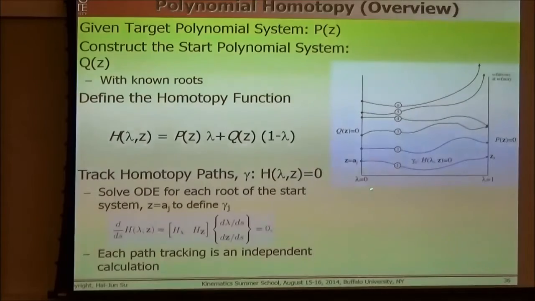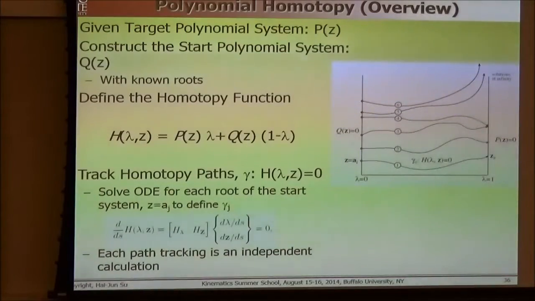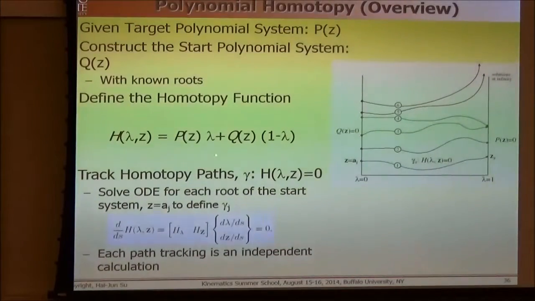Okay. Now at lambda equal to 0, you vary lambda slightly. Because the polynomial system is continuous, the function is continuous, so the solution to the polynomials also is continuous. So at any step, increment of lambda, you can solve the homotopy function for an update of your solution.